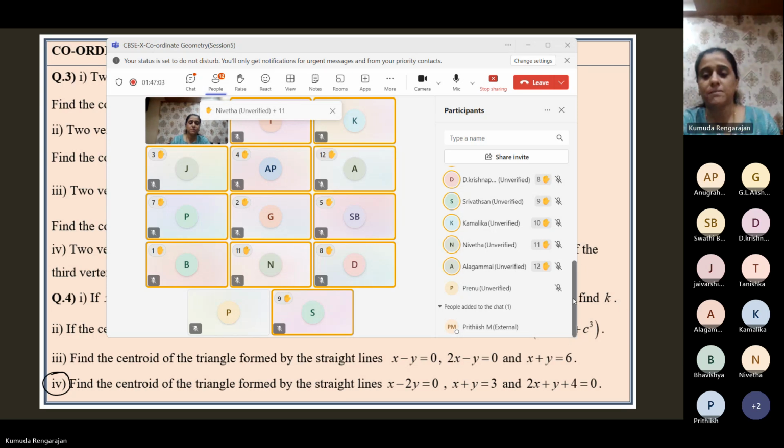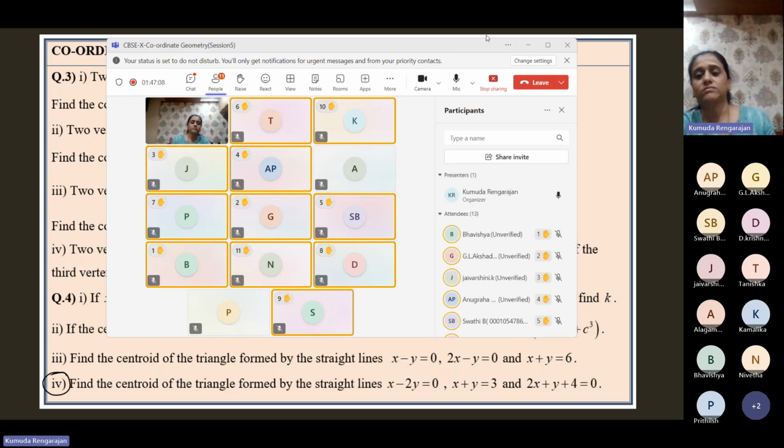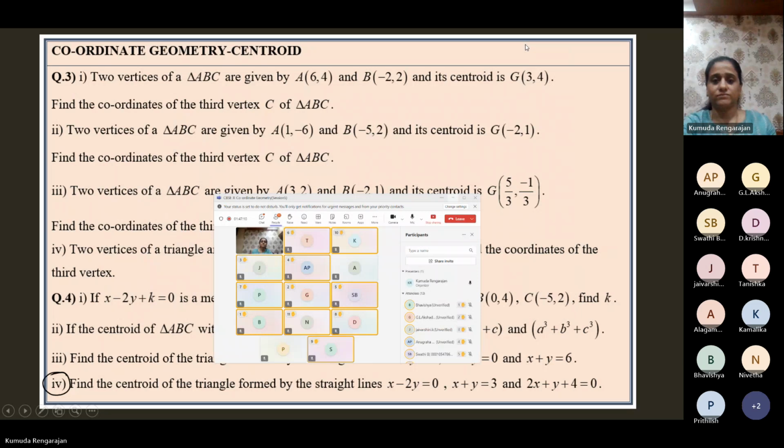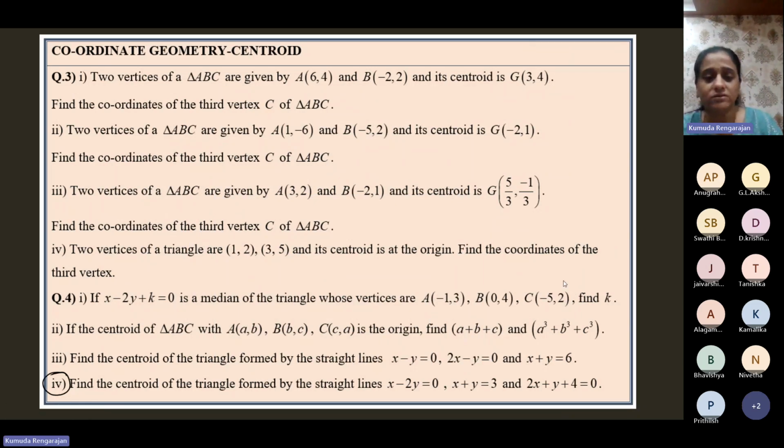Okay. Preno. Okay. All right, fine. Yeah, please try the fourth subdivision in question number 4.